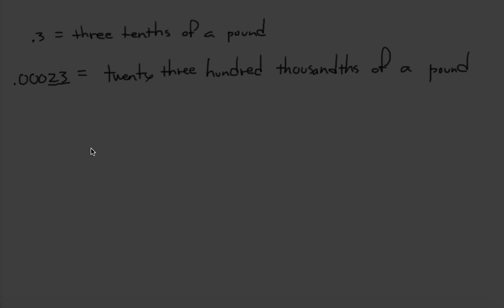Well, based off of what we just looked at, we know that the 23 hundred thousandths of a pound, we wrote this because this 3 was in the 100,000ths position. So if we're going to have a 600 thousandths element, we need to find an element that has a 6 in the 100 thousandths place.